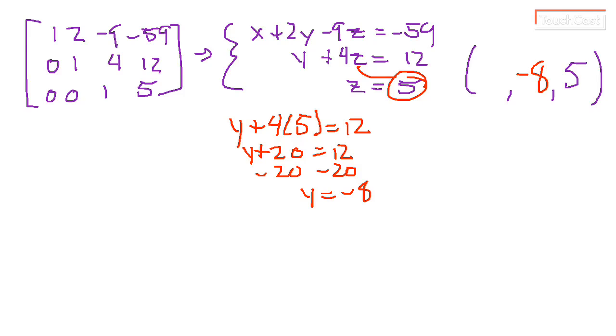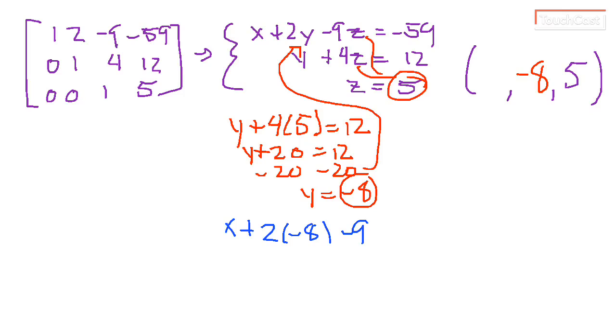Now we can take both our z and our y we just found and plug them both into the first equation. We get x plus 2 times negative 8 minus 9 times 5 equals negative 59.